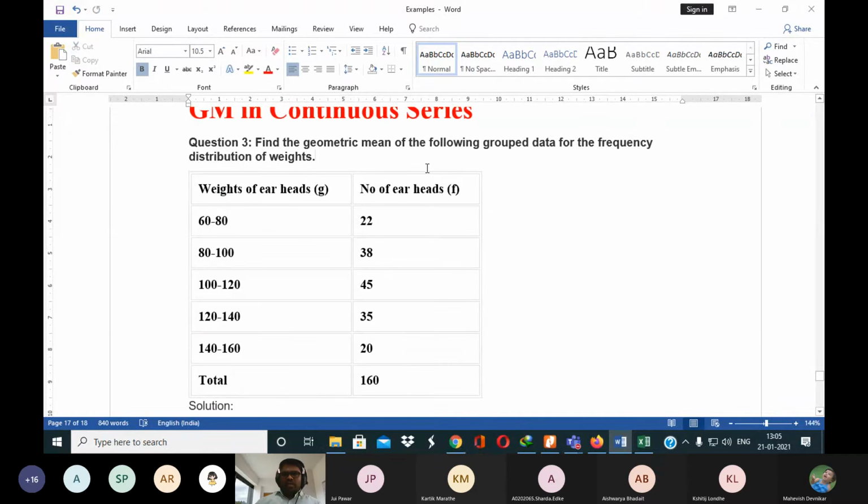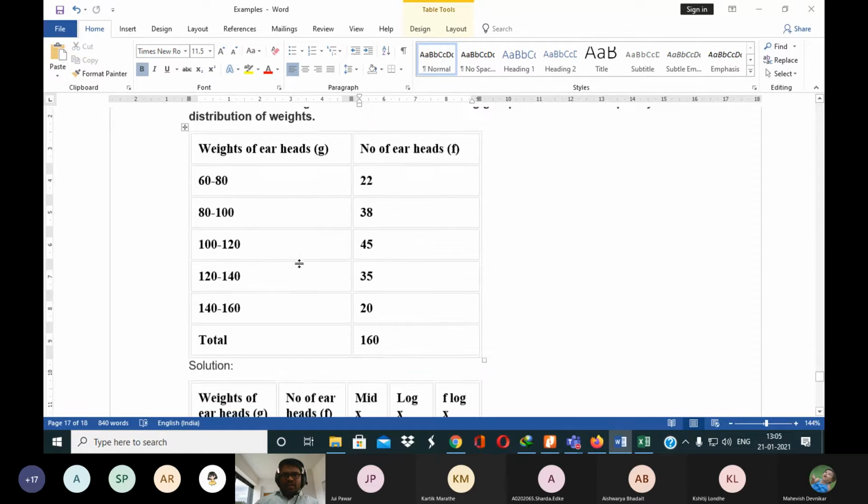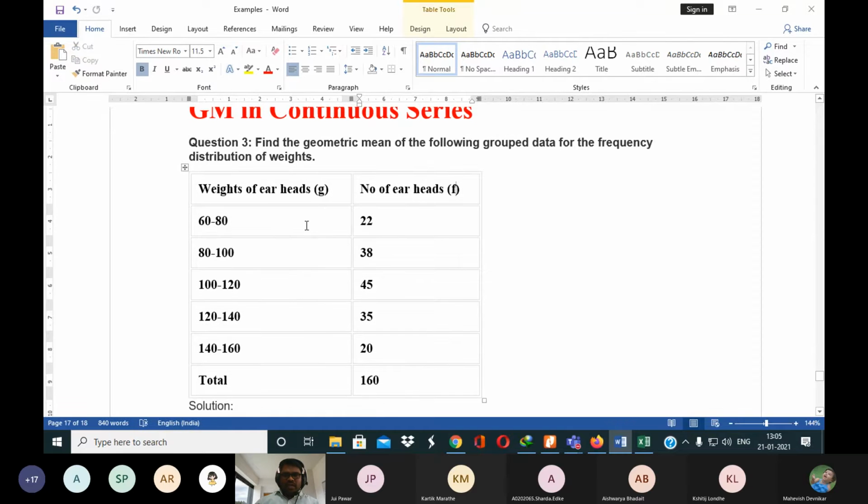Find the geometric mean of the following grouped data for the frequency distribution of the weights. Okay, so the weights of ear heads are given like this, and the number of ear heads here. This is your x value and this is your f value. So data is given like this.